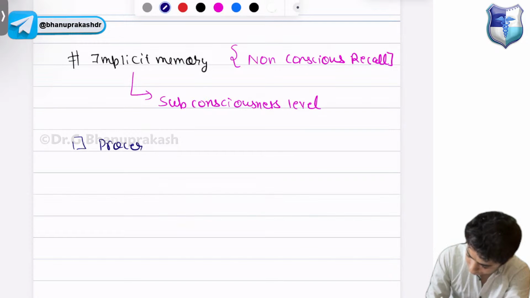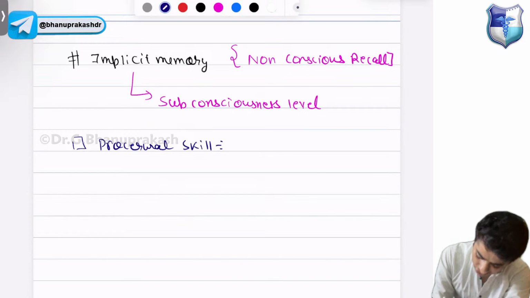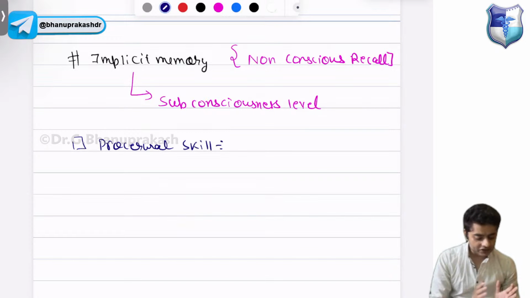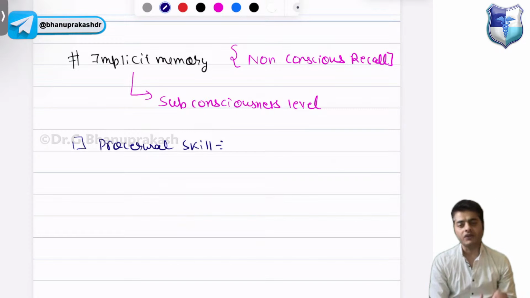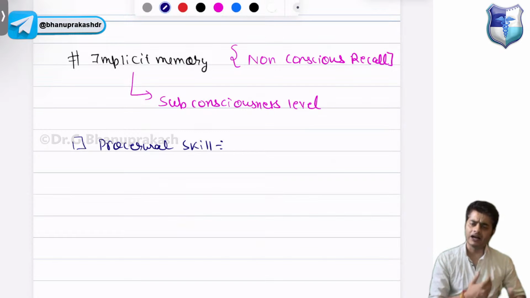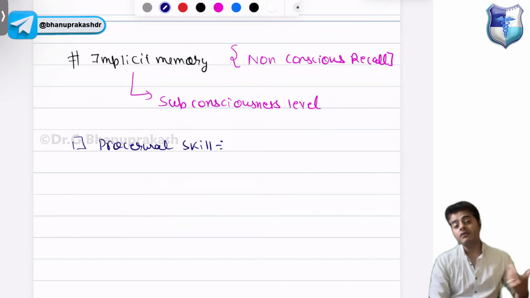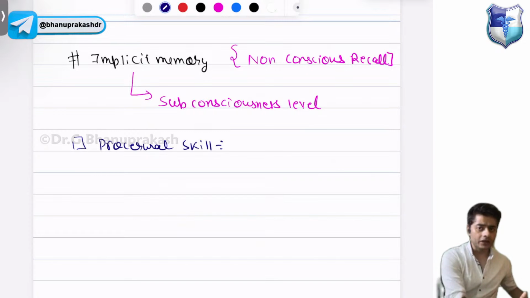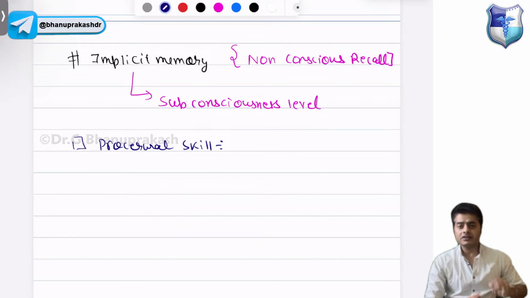First, your procedural skills. Now, what is a procedural skill? Suppose I have learned driving, and I have done it for about 1 year. After 2 or 3 months, I am again driving, and someone is sitting with me and talking to me, but still I am able to put the first gear, second gear, third gear.